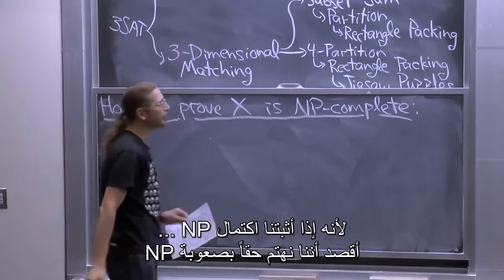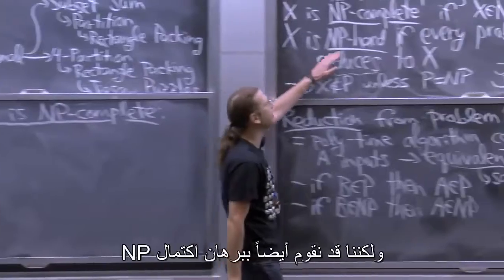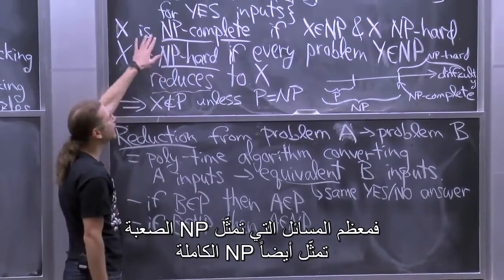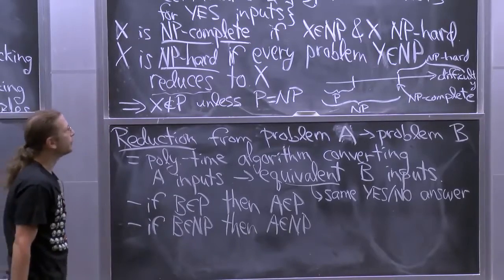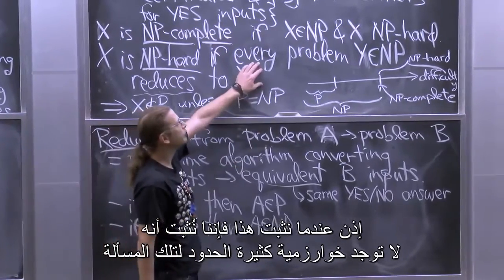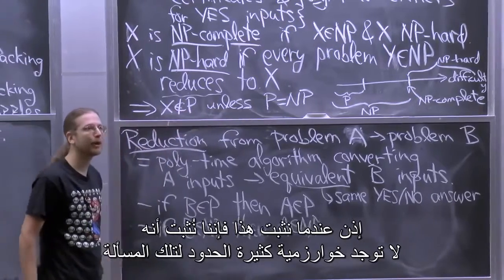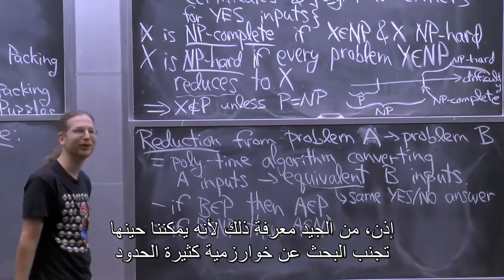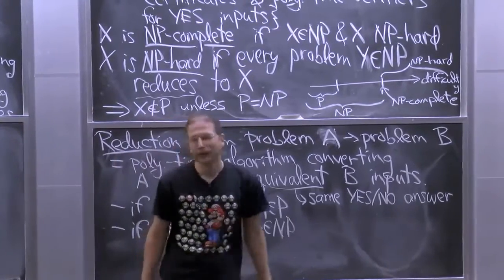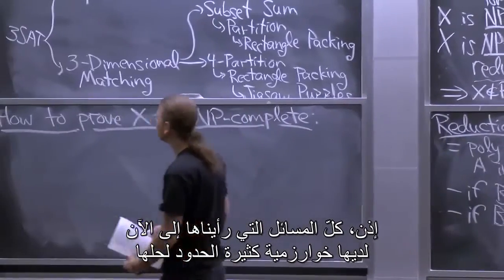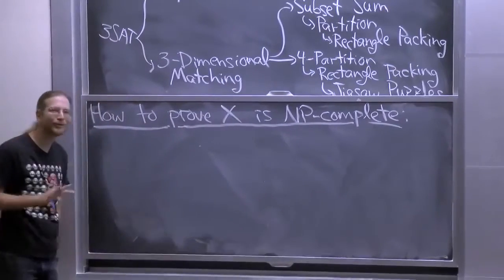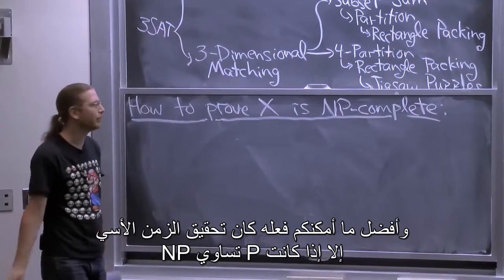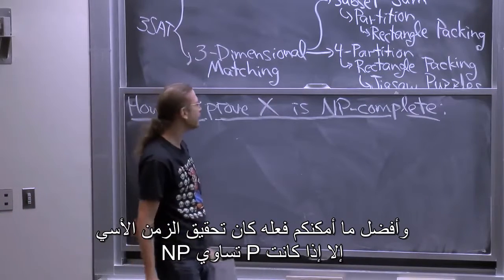Because if we prove NP completeness, I mean, really we care about NP hardness, but we might as well do NP completeness. Most of the problems that we'll see are NP hard are also NP complete. So when we prove this, we prove that there's basically no polynomial time algorithm for that problem. So that's good to know, because then we can just give up searching for a polynomial time algorithm. All the problems we've seen so far have polynomial time algorithms, except a couple in your problem sets, which were actually NP complete. And the best you could have done was exponential, unless P equals NP.